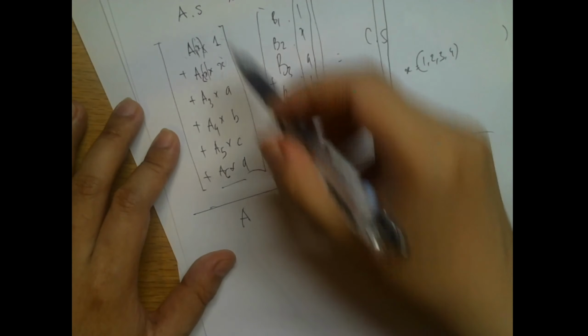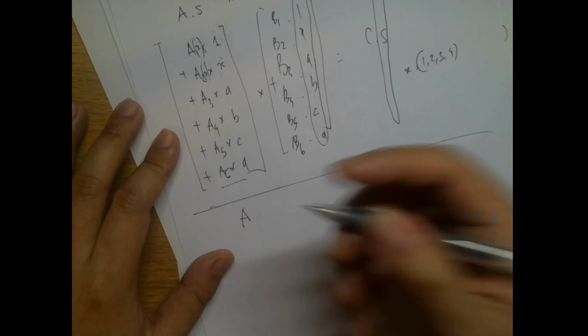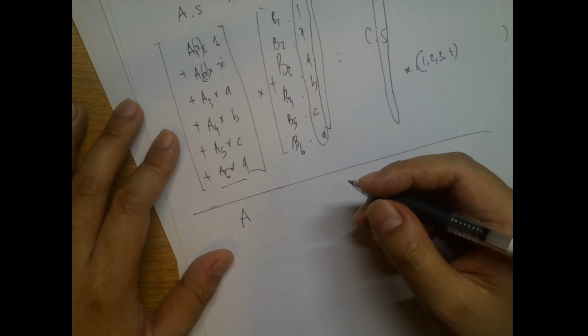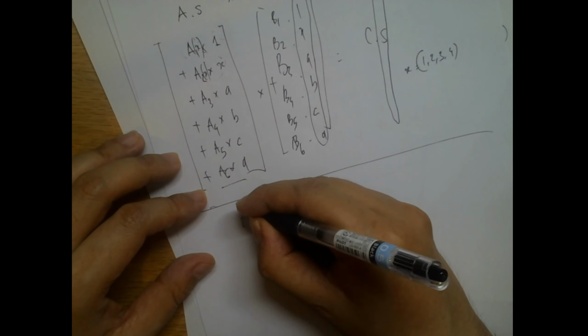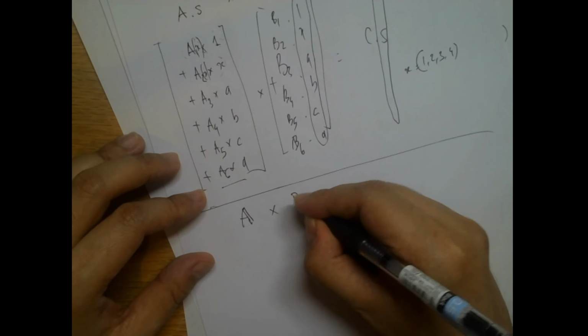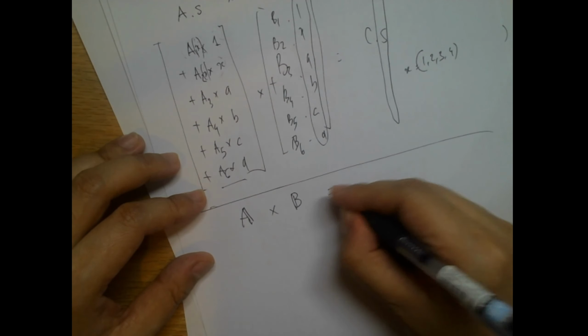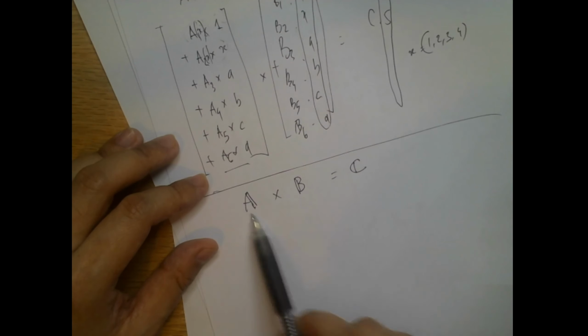So AS is a linear combination of, well, I don't know how to call this guy. Okay, just call it A with a big A, times B equals C. And again, these are all polynomials.